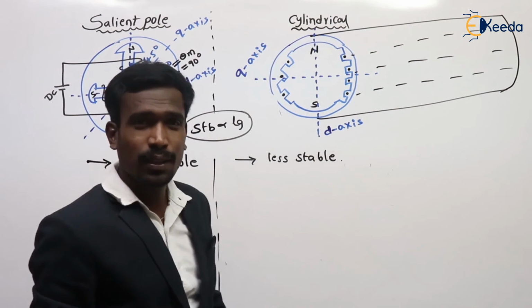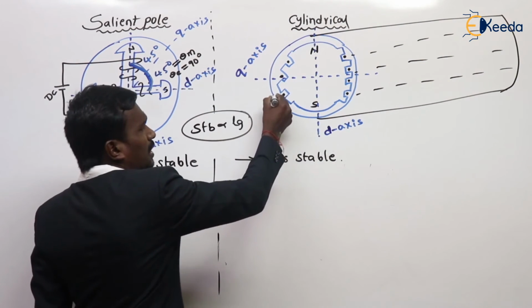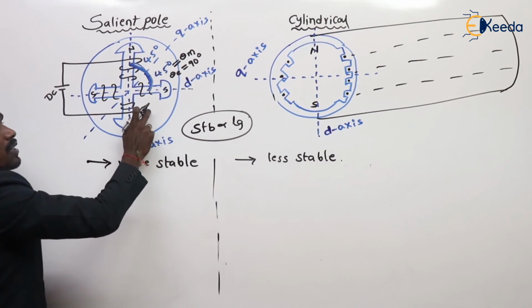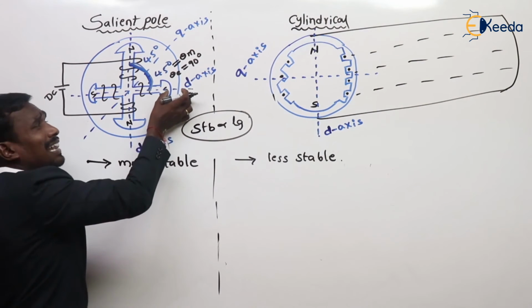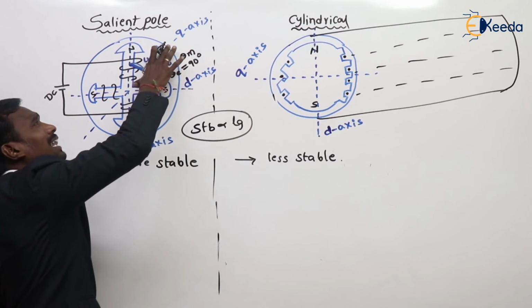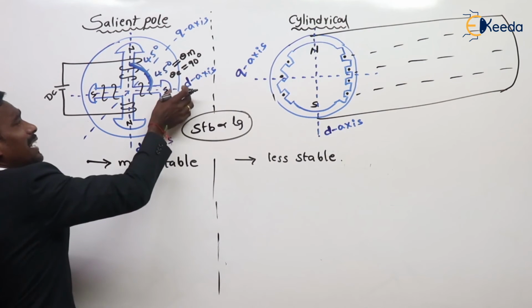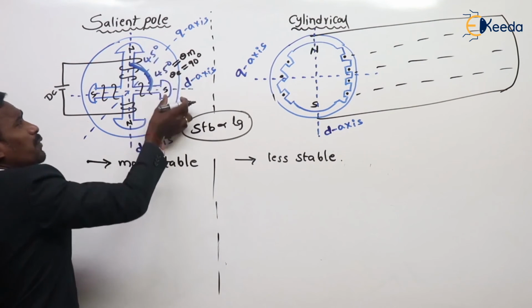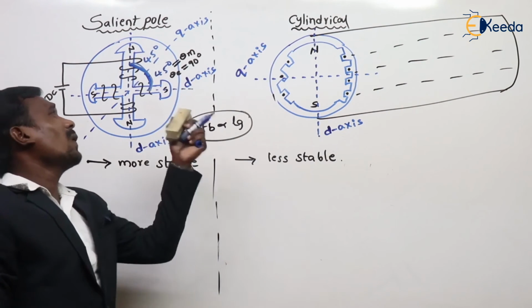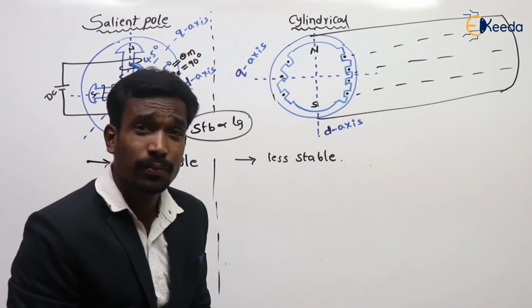And the next and last concept. Let's see the air gap length along the D axis and along the Q axis. Tell me where the air gap length is maximum and where it is minimum.